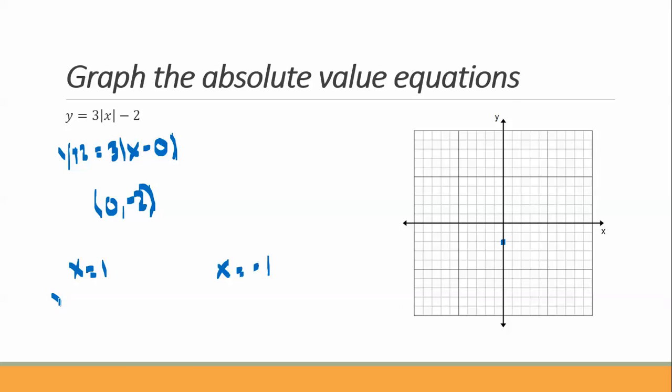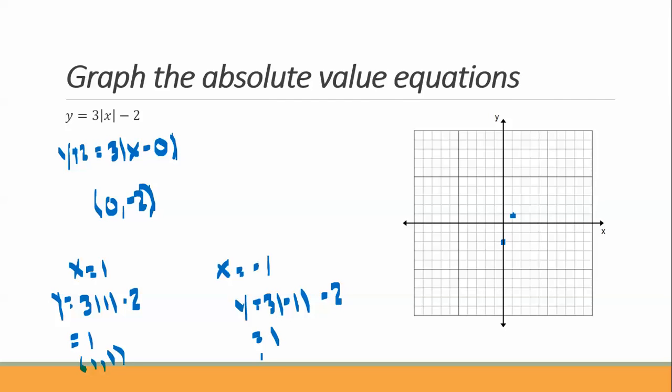Solving for x equals 1, we have y equals 3 times the absolute value of 1 minus 2. So that's 3 minus 2, which is 1. So one of our points is 1, 1. And solving for x equals negative 1, y equals 3 times the absolute value of negative 1 minus 2. Again, that's 3 minus 2, which is equal to 1. So another point is negative 1, 1. And there's our V again.